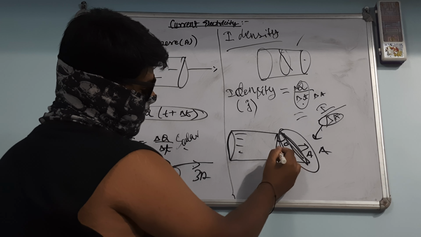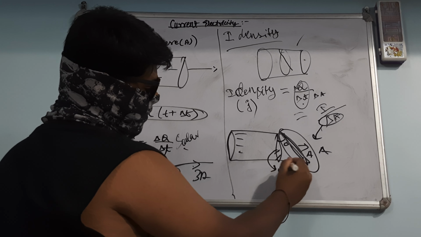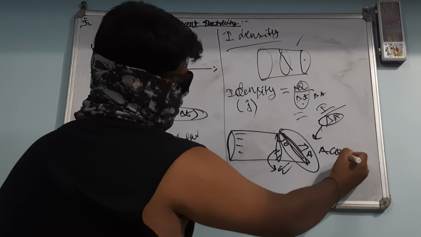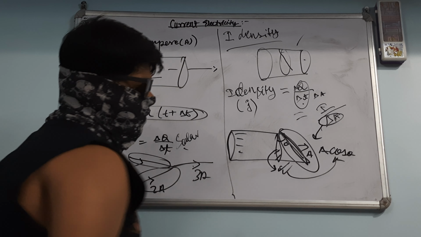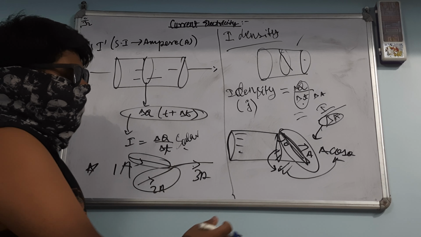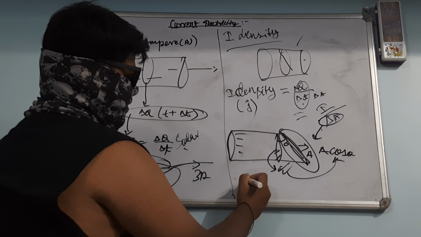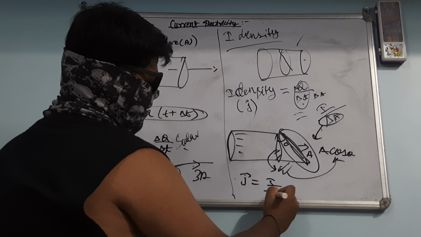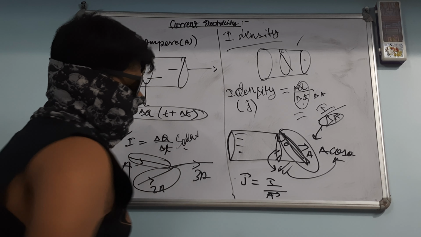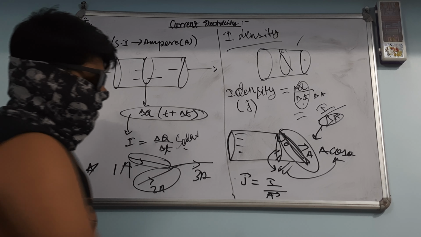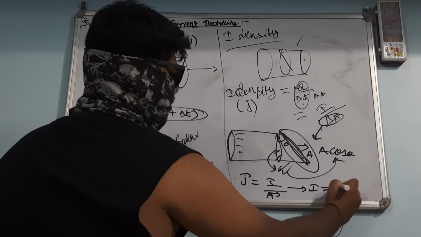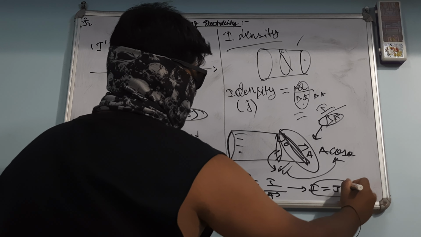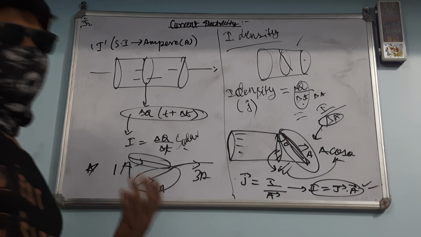We need this one. Hence from this we got that J is a vector, I by A. So this was current density.